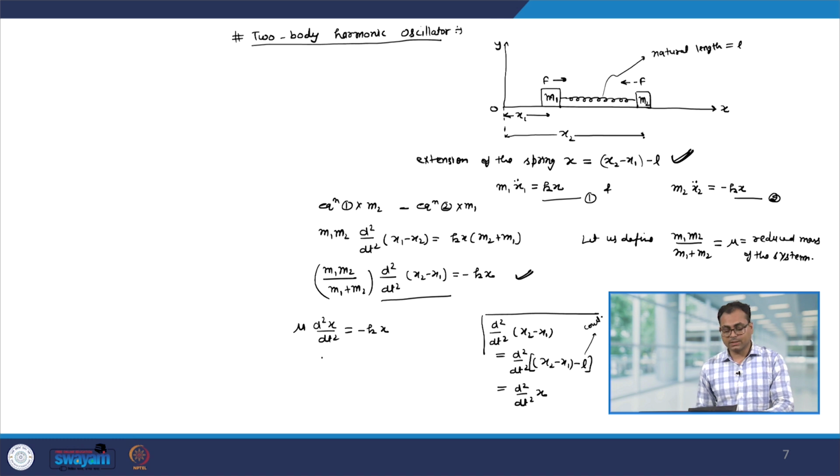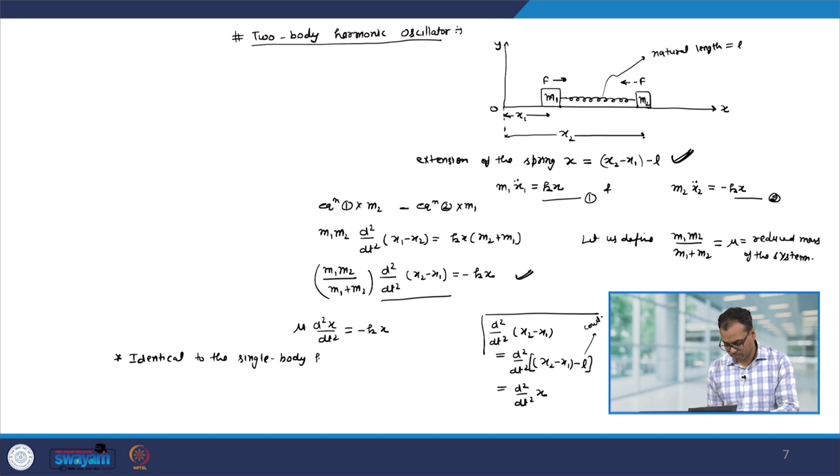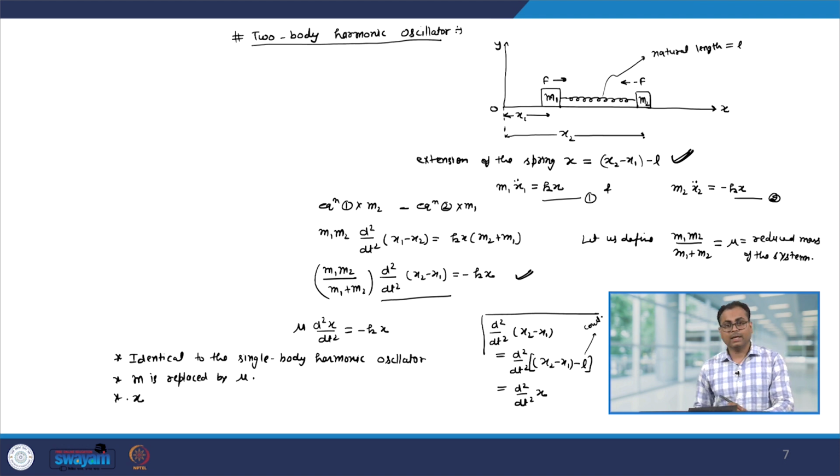So, in this equation you can see that it is identical to the single body harmonic oscillator. Let me write it down. The only difference is your m is getting replaced by mu, and x here is the relative displacement of the two masses from the equilibrium.